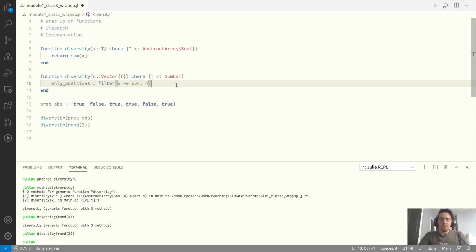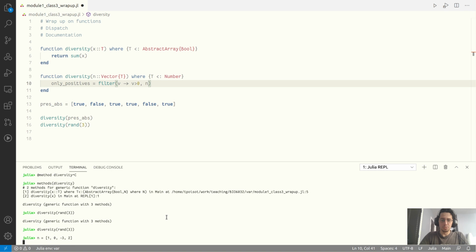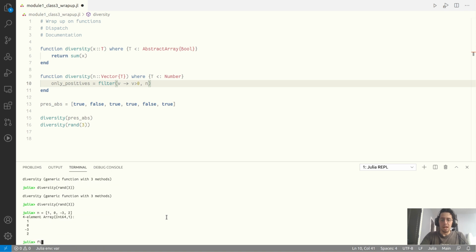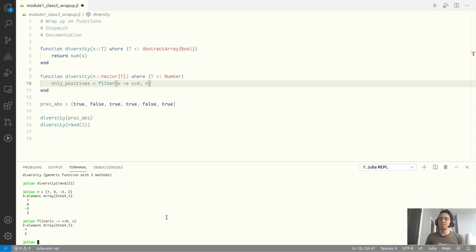So if we do that, let's say we do n equals 1, 0, minus 3, 2. And then we do filter is v greater than 0 of the value of n. It is going to give us 1, 2. So that's what we want, right? We want to have only the positive values.